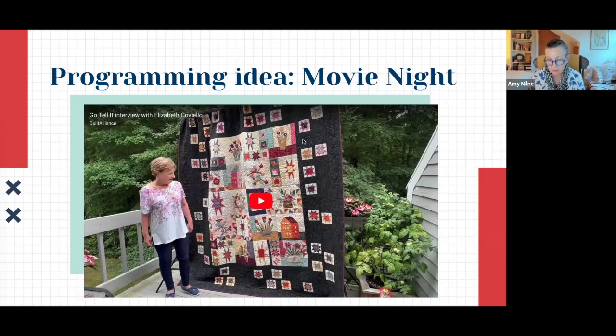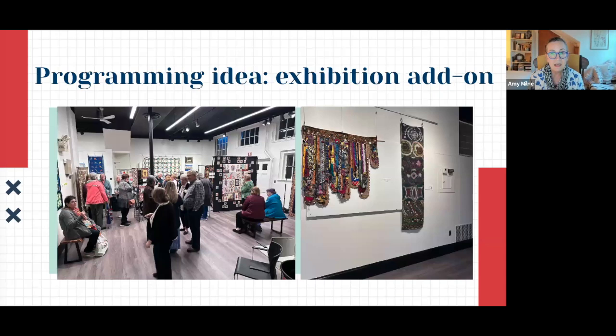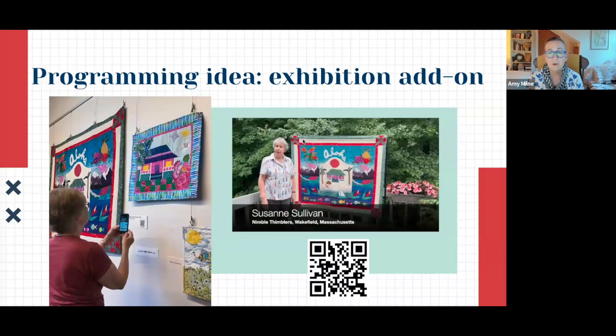And the next slide here, you can see the exhibition that they did in September. You can see maybe the opening or one of the nights of the exhibit, and you can see the quilter hanging. And then in this slide, you can see the wall label with the QR code.